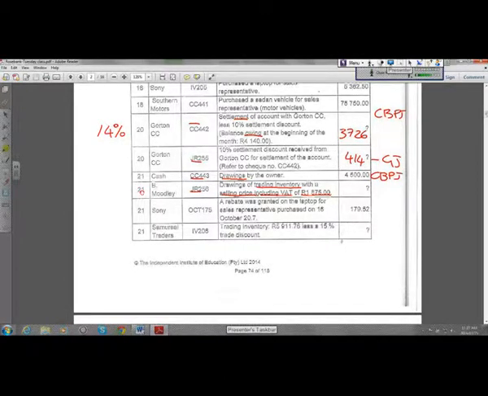With respect to this transaction, if we want to get the selling price without VAT, we take the selling price and multiply it by 100 over 114. This will give us the selling price without VAT.